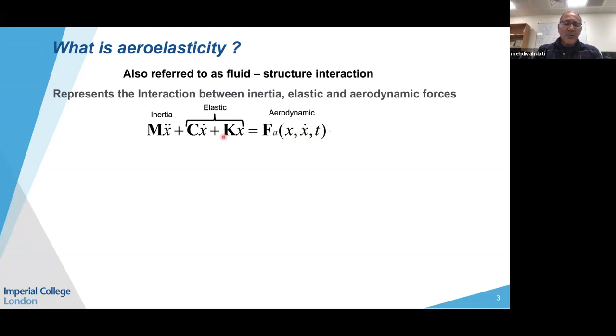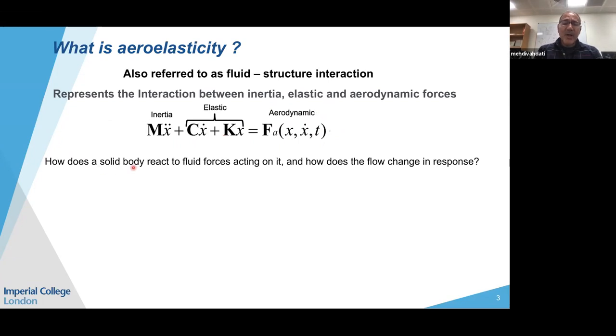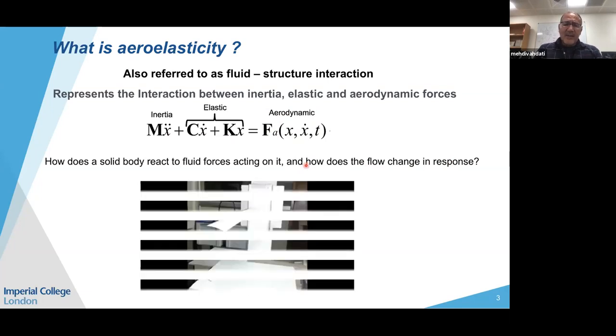The other way to describe aeroelasticity is how does a solid body react to fluid forces acting on it, this term, and how does the fluid flow change in response? When you change the x here, how do the fluid forces change? I'll try to show you an aeroelastic event here.